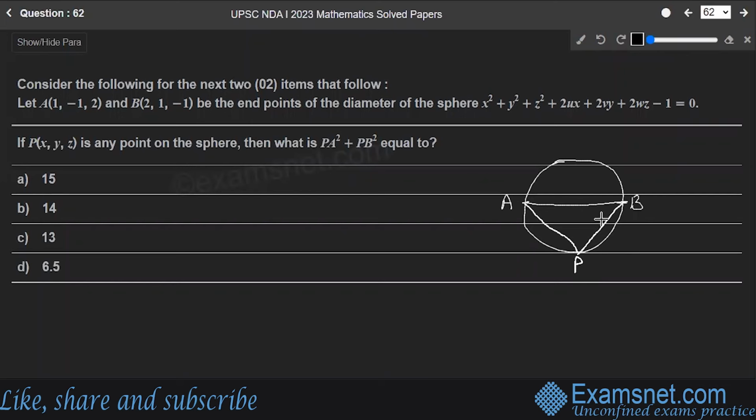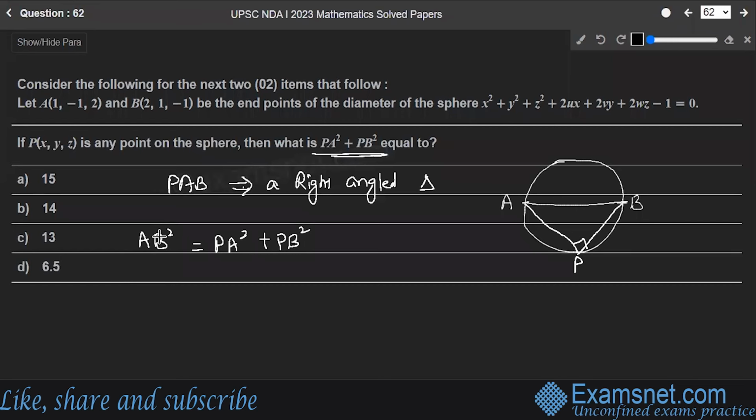Now, you know one thing, diameter of any circle, in this case, I'm taking as part of it. So anything, this subtends the angle of 90 degree, which makes PAB a right angled triangle. That means AB square is equal to PA square plus PB square. This is something I want to find out, right?